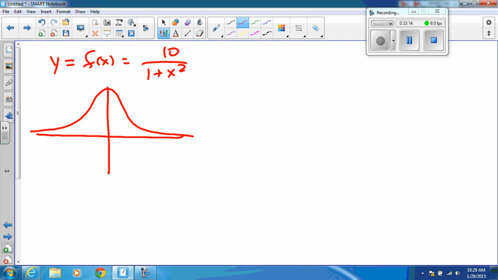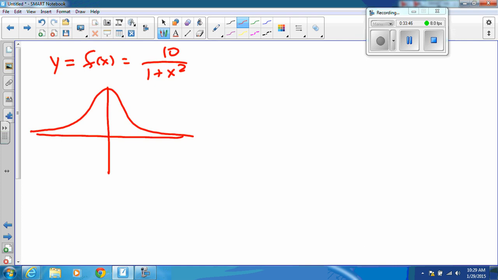What are the things that we do? Poles and zeros? F prime would be probably hard. I probably didn't do that in my head. Limits, absolutely. If I take the limits out at infinity, what do I find? Horizontal asymptotes, absolutely. And that's easy to do.